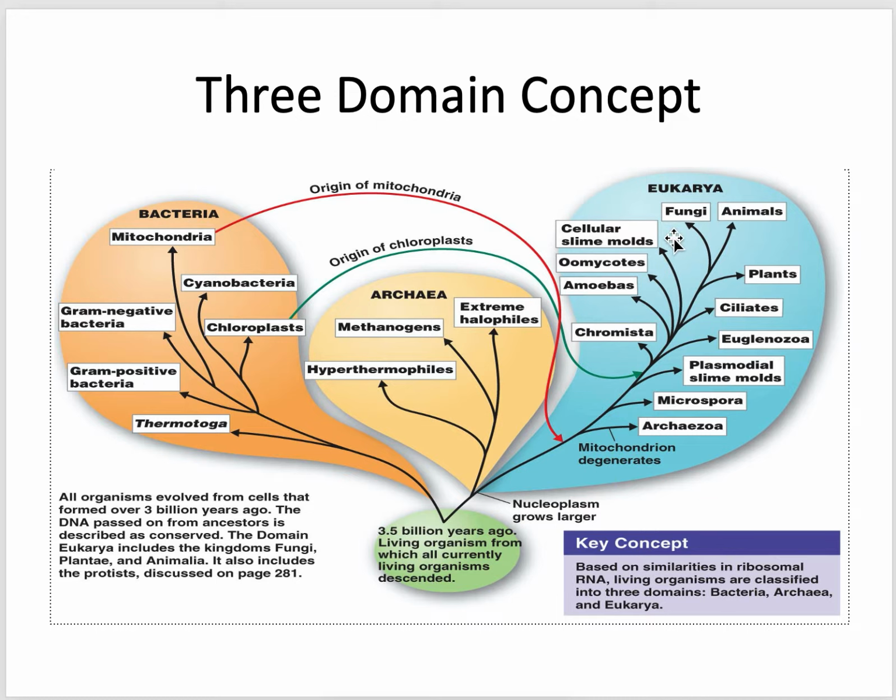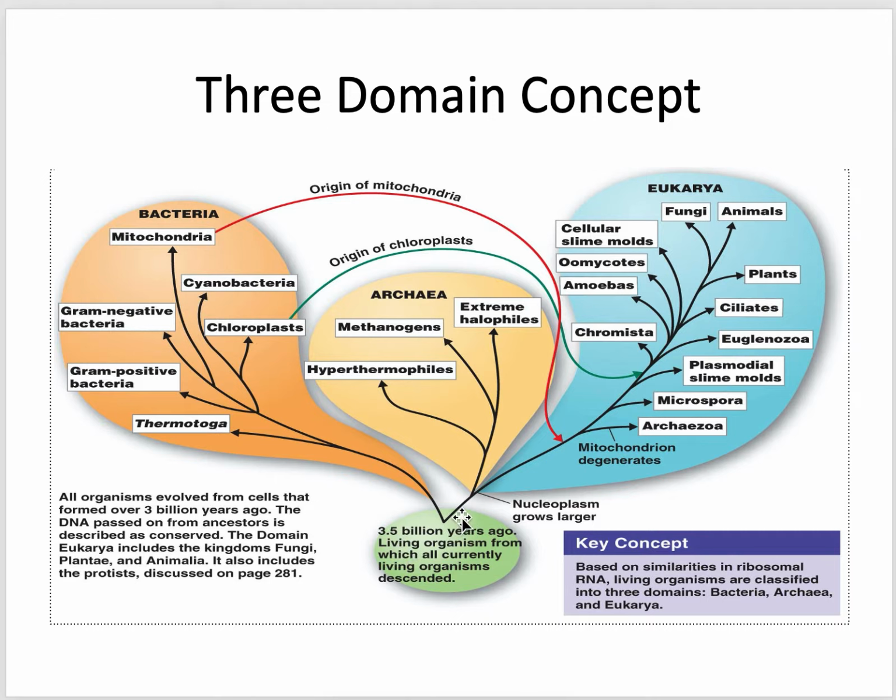If you carefully look at this classification tree, you will see some arrows. For example, Archaea. The first life forms began to evolve on this earth around 3.5 billion years ago.